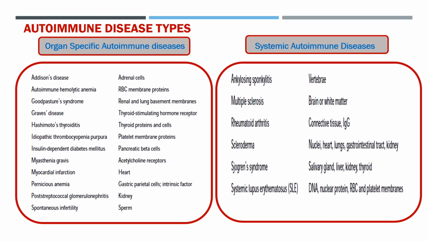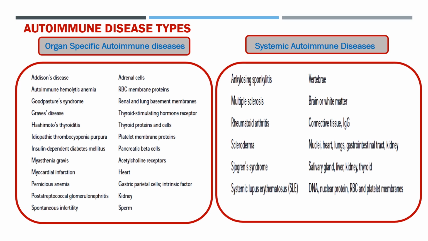The kidneys, the thyroid gland, the muscles, the heart, and the sperm are all other organs that can be predisposed to organ-specific autoimmune disease.